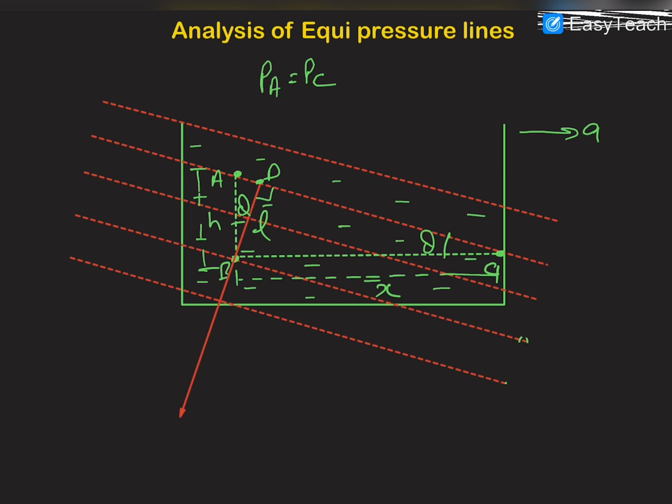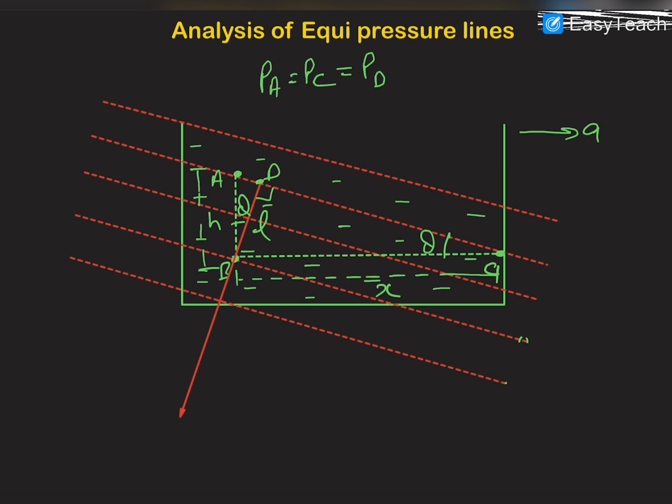And this point B will have some different pressure. So we will be writing down the pressure of B in terms of points A, D and C. We also know that the pressure at D will be equal to the pressure at A and at C, because they all lie on the same equipressure line.